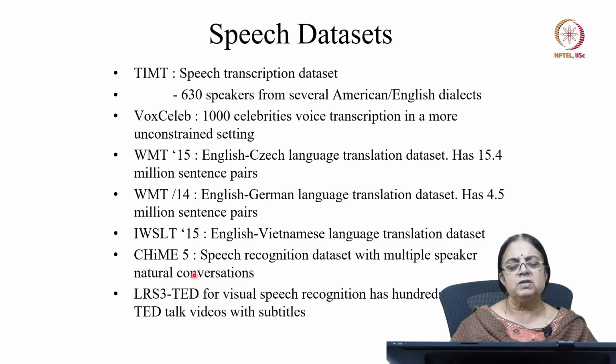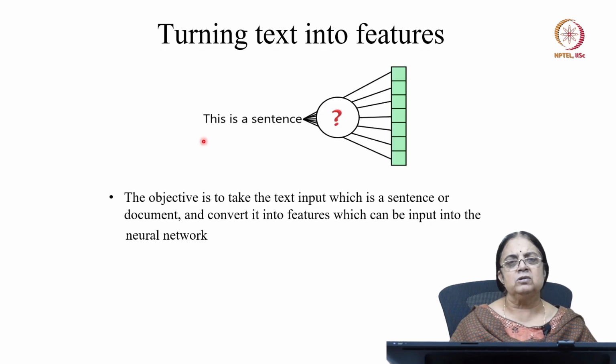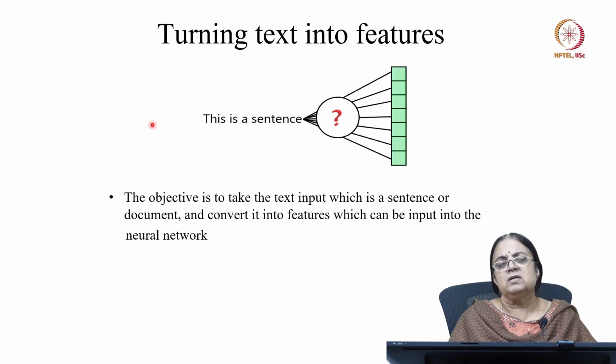So these are all the speech data sets which are available and can be used for tasks. Now what we need to see is that when we come to deep learning algorithms, you have the data sets. For example, you may have your input in the form of a sentence.